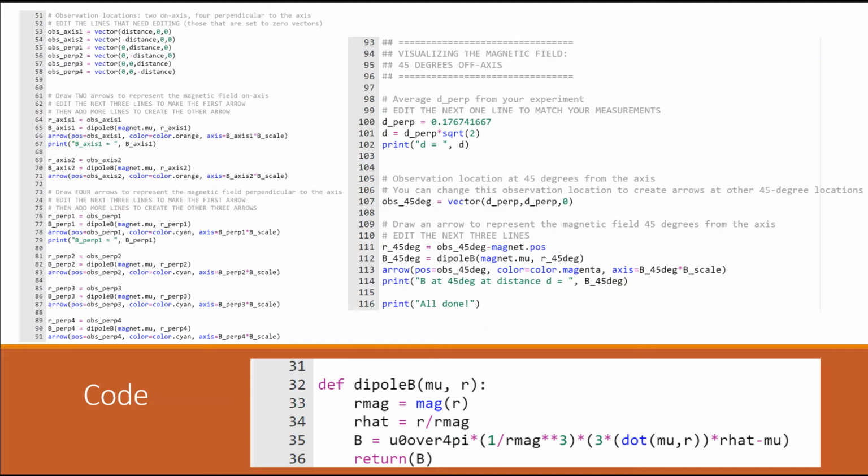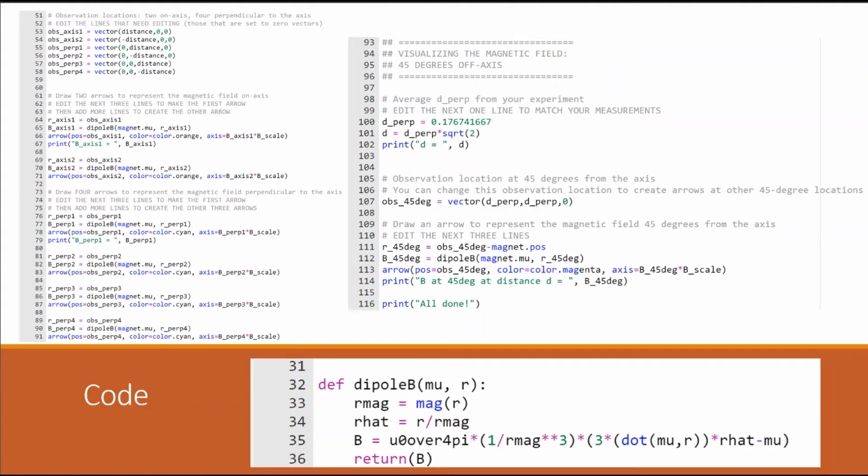It's a mouthful. But in the code it is very condensed, and this is basically a simplified version where I can input an observation location and a mu to get an answer.